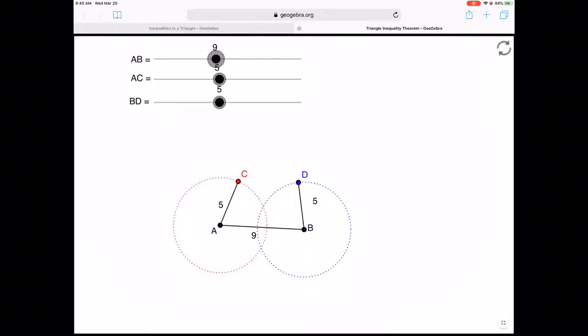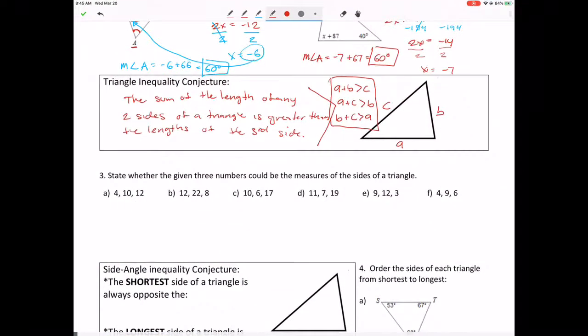When we write down this conjecture, this will always guarantee that if you add the two smallest sides, the sum should be greater than the largest.